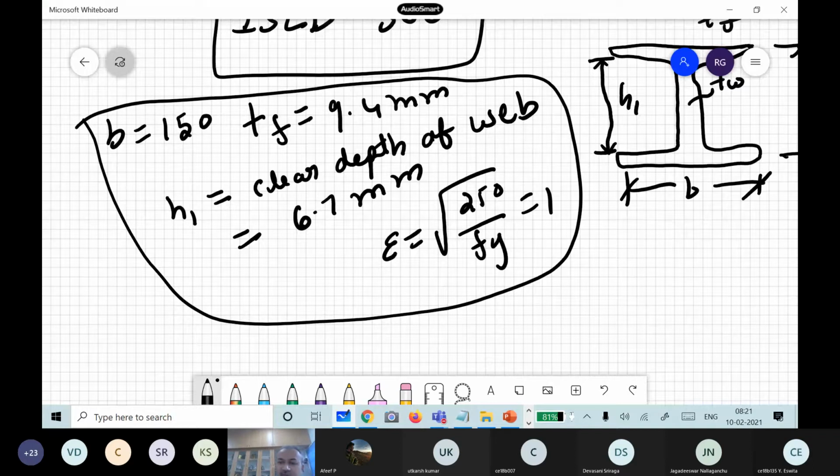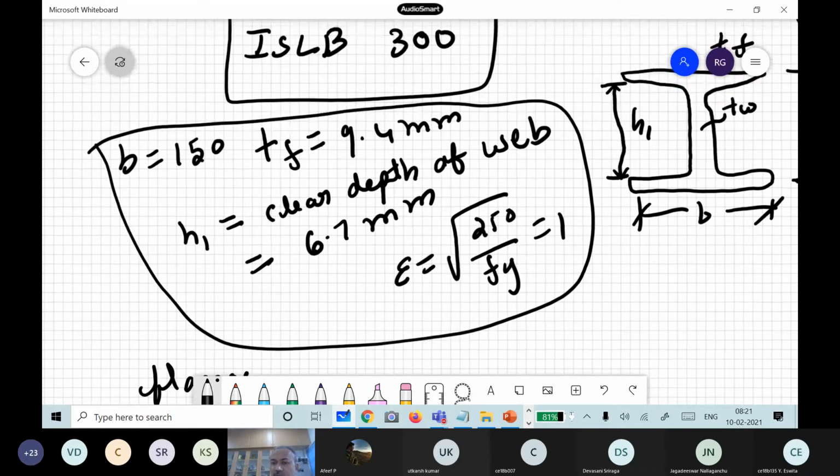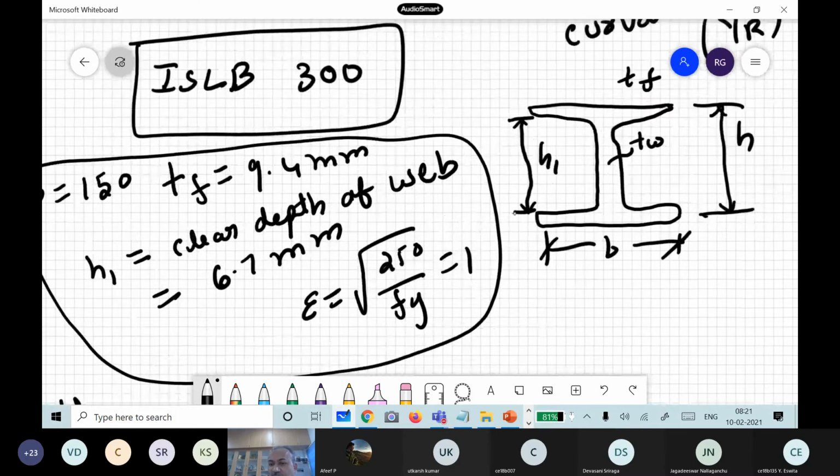Now we have to classify the flange. To classify the flange, we have to find our ratio. Our code gives B by T, but when you do the classification, the whole flange cannot buckle. So if you want to find the width for buckling, how much do we have to take? Do we take the entire B, or what should we take here?